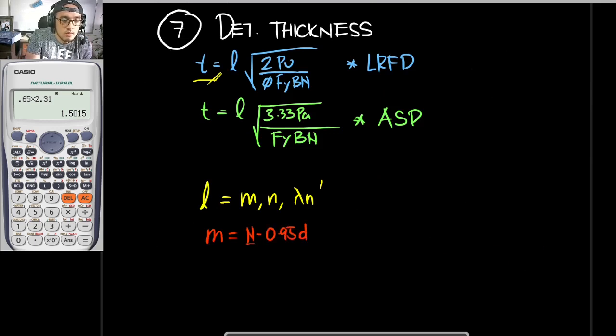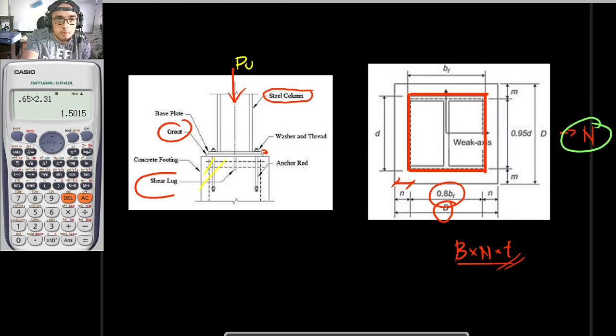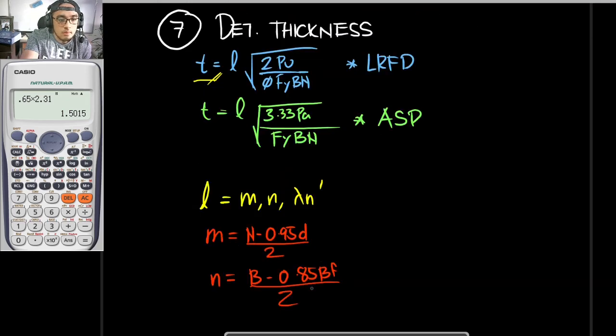Of course, we divide this by 2. And as for the value of n, that is B minus 0.85 Bf divided by 2. Right? It's actually 0.8. 0.8.